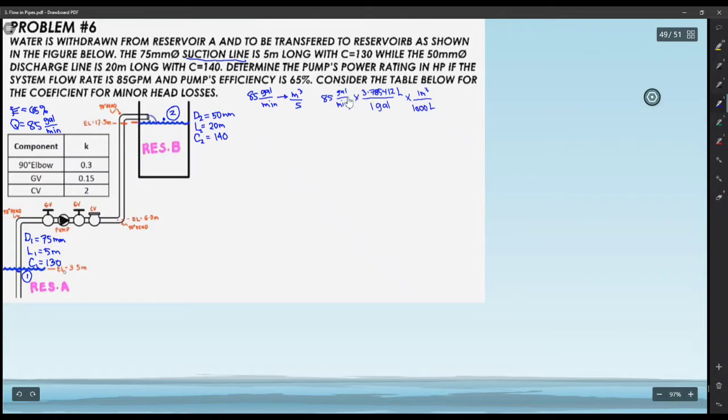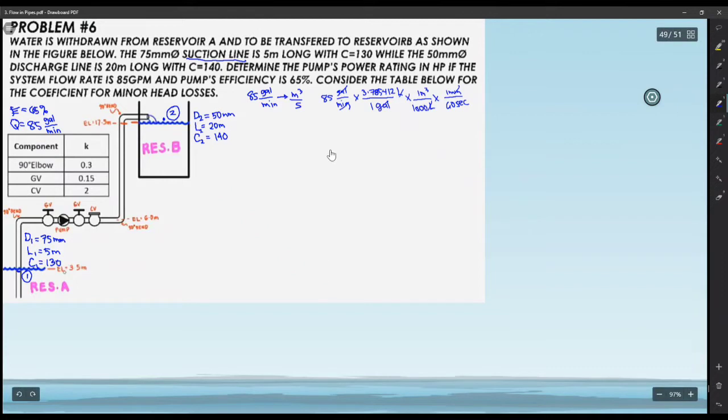Okay, so okay na tayo sa numerator. And then sa denominator na minute, i-convert natin siya to seconds. So in 1 minute, we have 60 seconds. So, cancel this out. So, ang natira na lang natin is cubic meter per second. So, pindutin lang natin sa calculator. So, we have 85 times 3.785412 divided by 1,000 divided by 60.